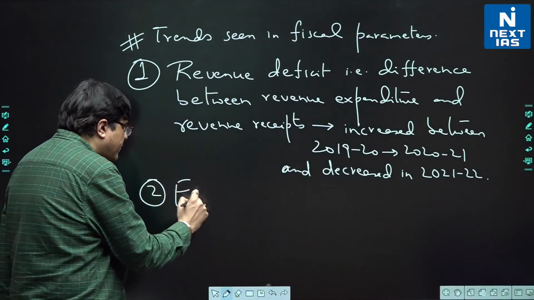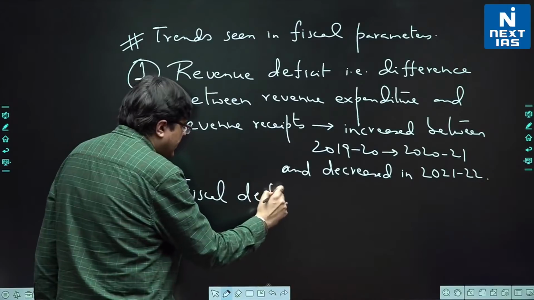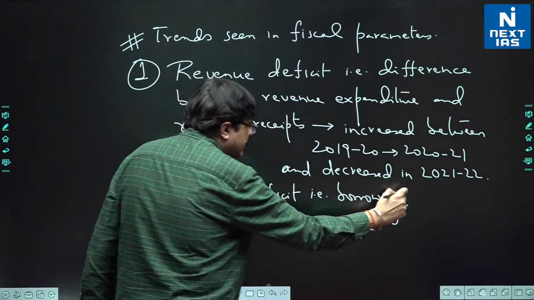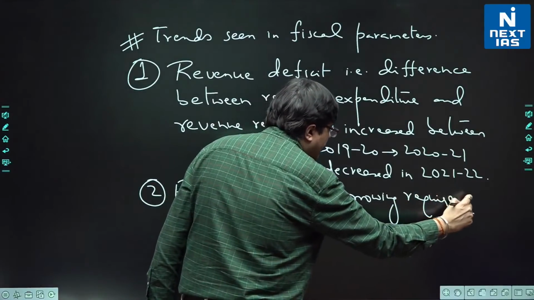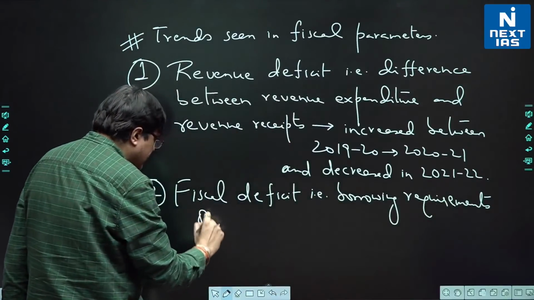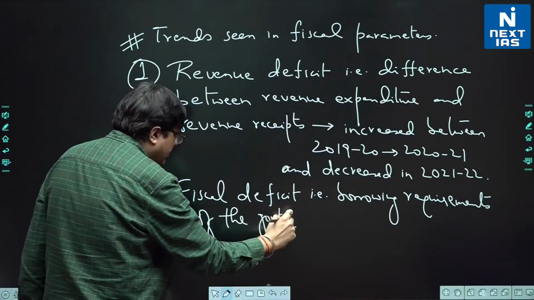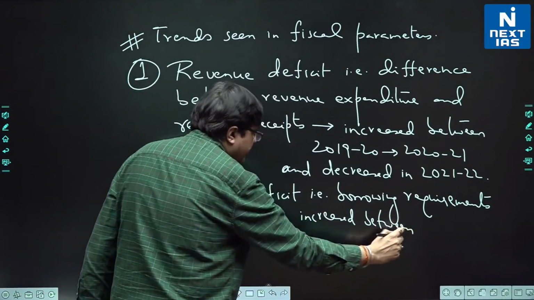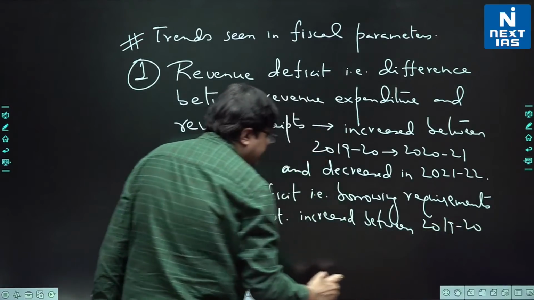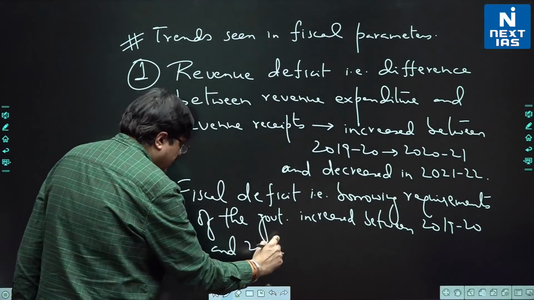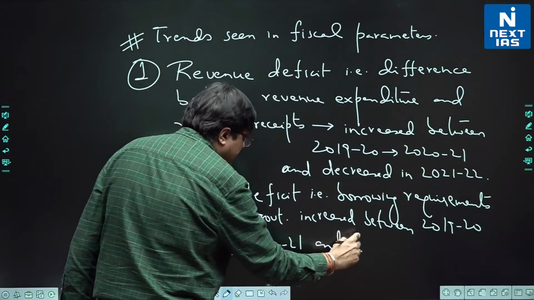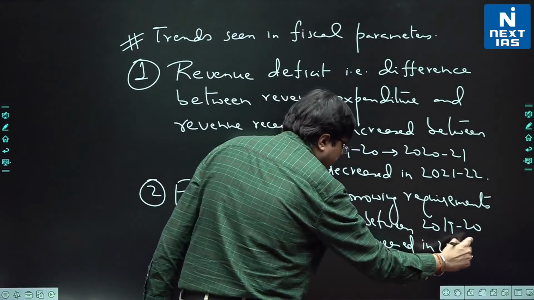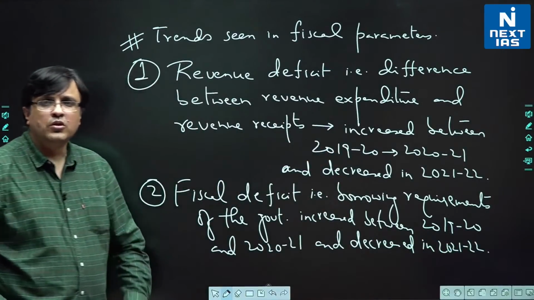Similarly, the second trend is fiscal deficit, that is the borrowing requirements of the government. Fiscal deficit increased between 2019-20 and 2020-21 and decreased in 21-22.